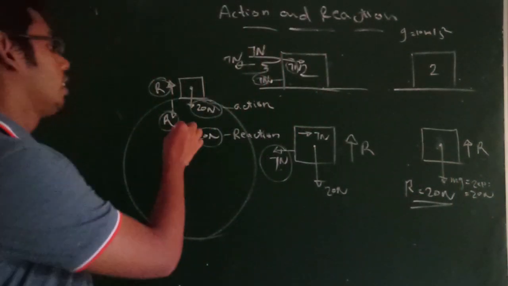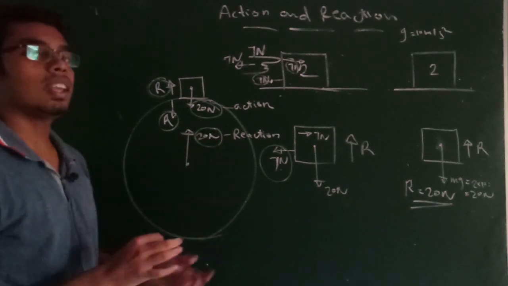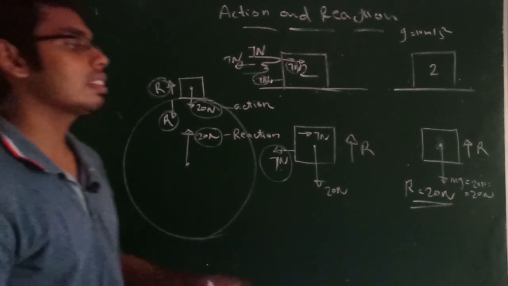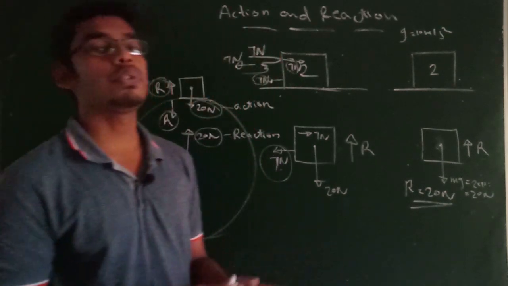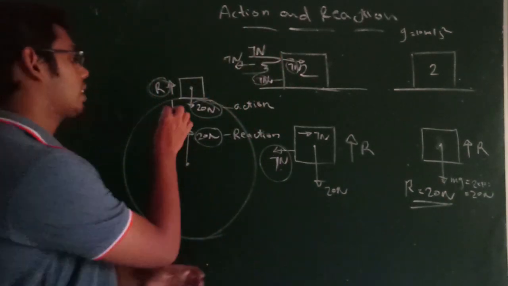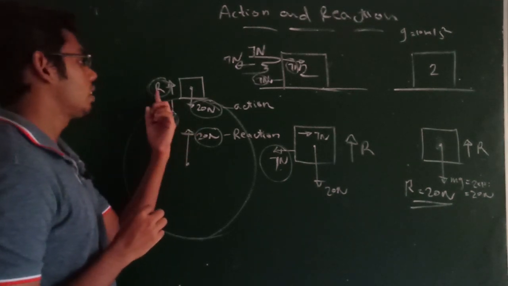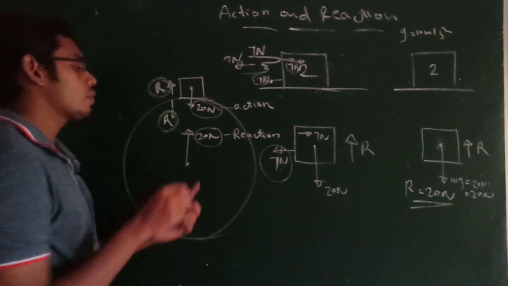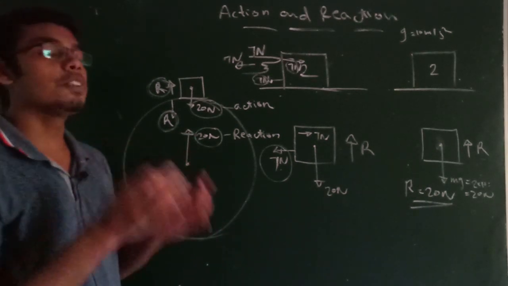So this reaction force is a different force compared to the weight of this body. Unfortunately, in this condition we get the reaction force as mg, but these two forces are different. The reaction of this normal force, capital R, and the weight of this body, 20 Newton, are different forces.